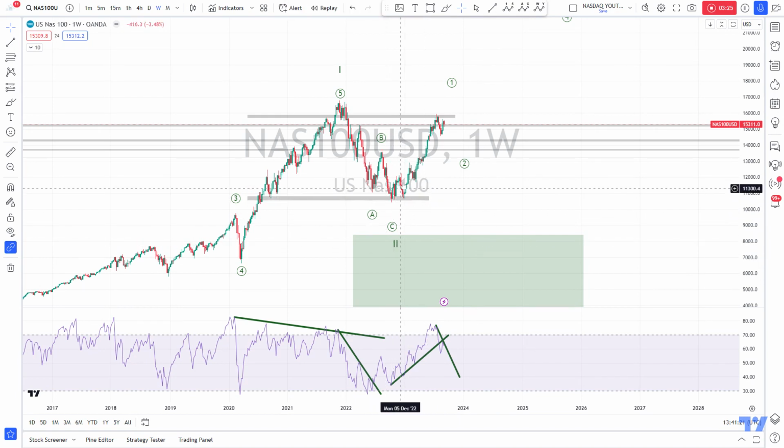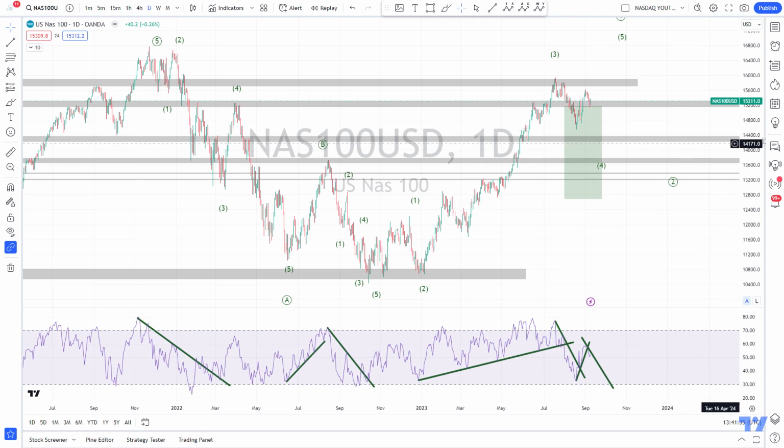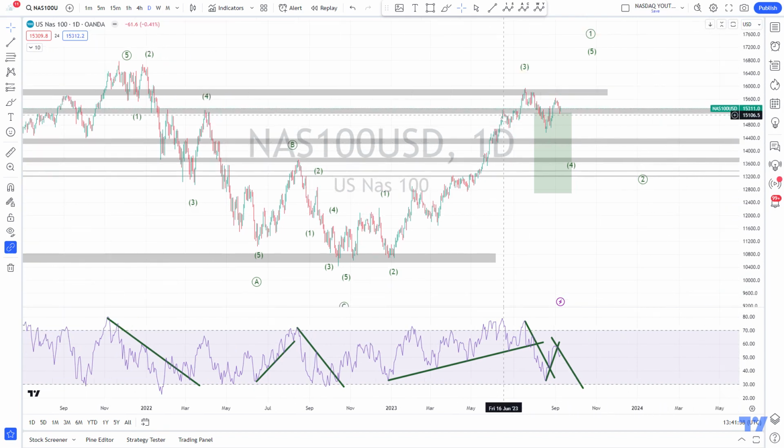If this here is corrective, if this is our wave B, the bearish scenario, then it would mean here in the daily that this structure is finished, and that we will never see a 4 and a 5.